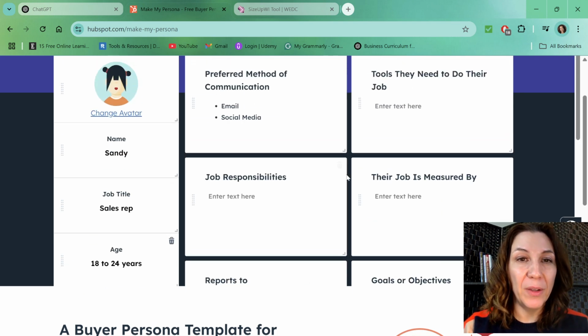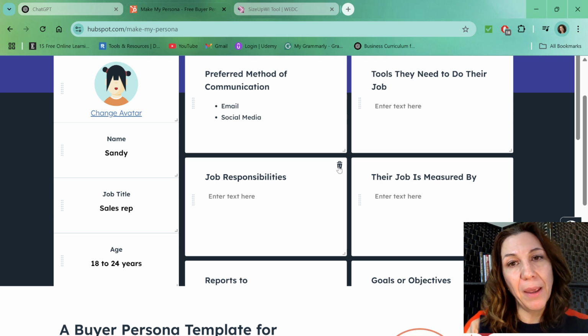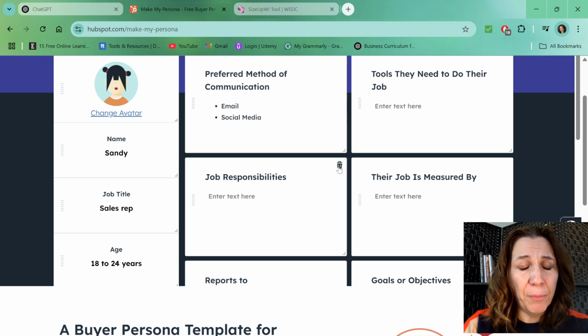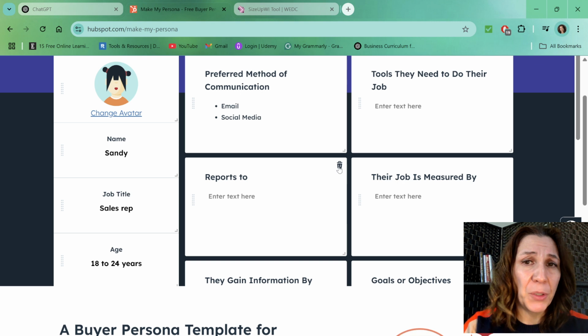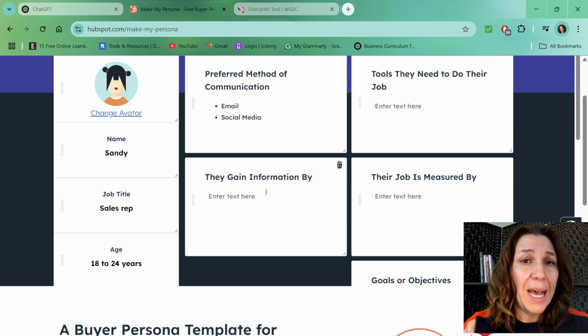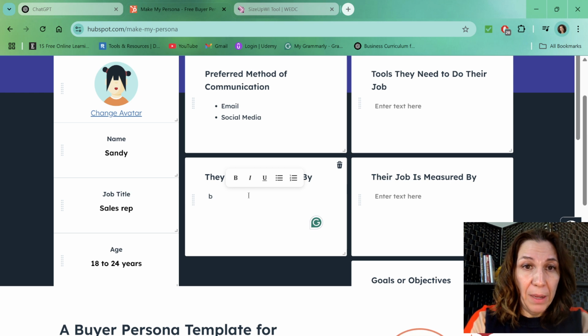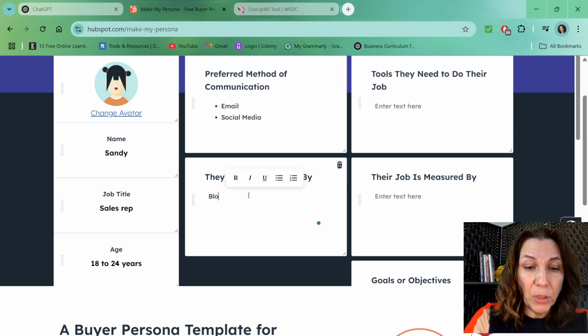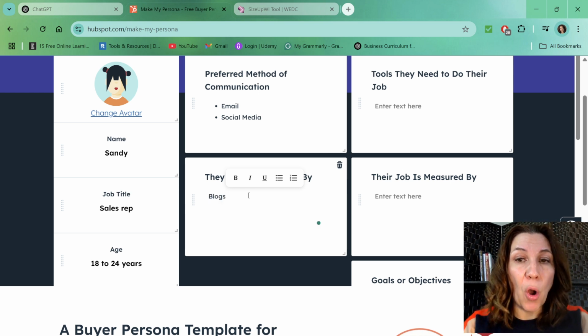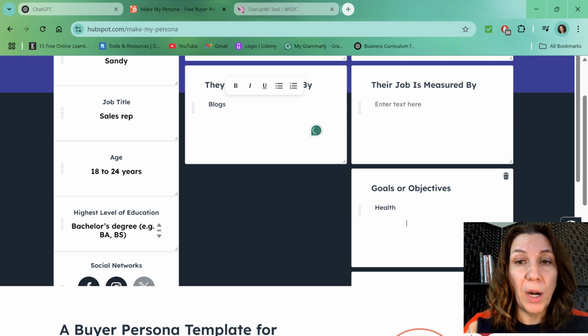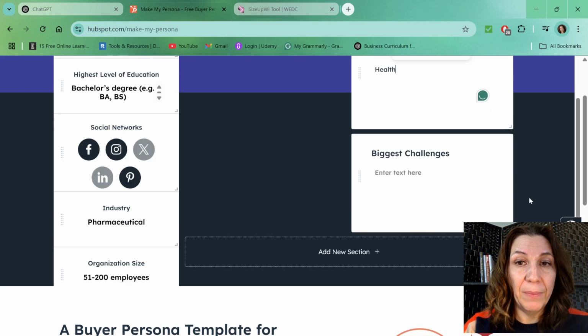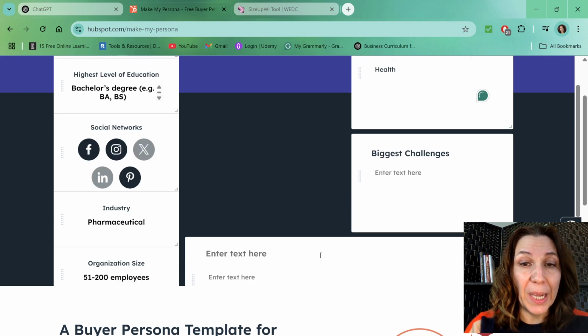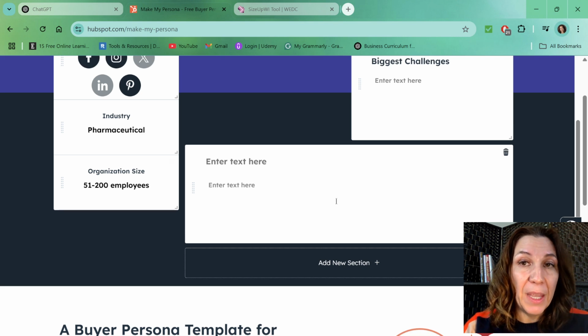Once you do, here it says, well, they don't need a job description because purchasing my bread, they don't need any job description. They don't need any reports. They gain information by, blogs probably. They read a lot of blogs. So you can, in addition, go and customize this card, and you can add an additional section here if you would like.